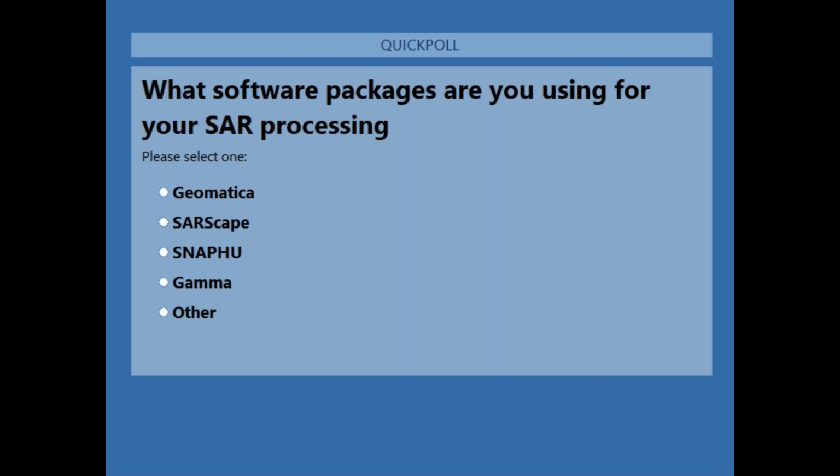Okay, we've already got about 60% of the votes in, so hopefully we can get a few more in the next 30 seconds. We'll leave the polls going for another 25 seconds at this point. So please get your votes in. So far we can see that there is a split between Geomatica, Snap, and other right now.